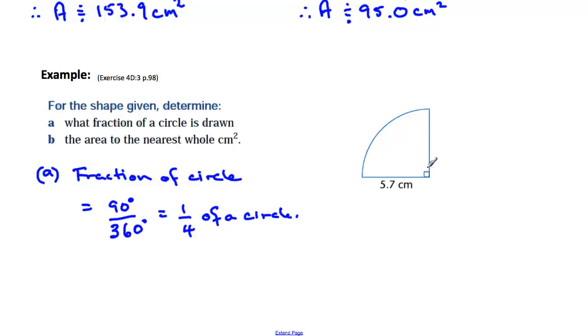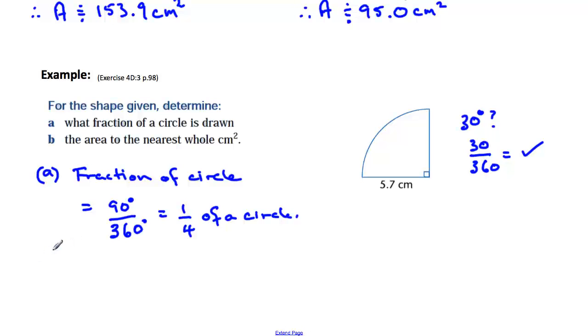But if this was 30 degrees, for example, then we just put 30 over 360 and work that out as a fraction, and that would be the fraction of the circle. So it doesn't matter what angle it is, just put it at the top over the full possible number of degrees, and you'd have your fraction when it's simplified down.